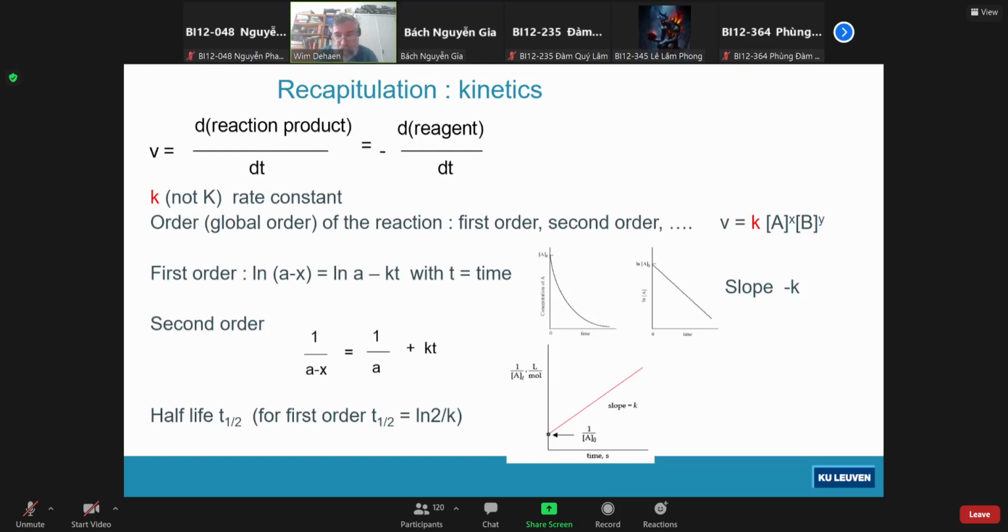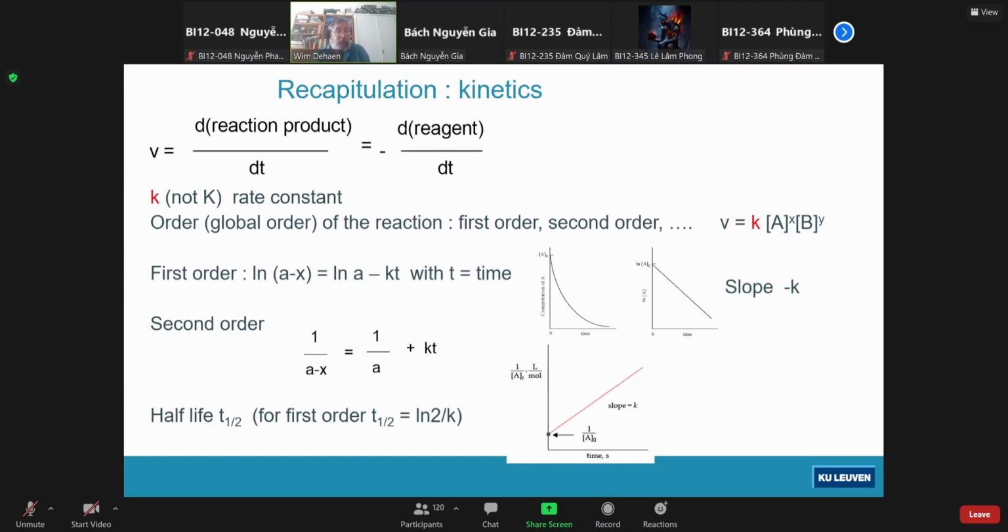If you take the logarithm, it's easier because now we get a straight line. And from this straight line, we can derive immediately a lot of data, like, for instance, the rate constant, because the slope is minus k, minus the rate constant.